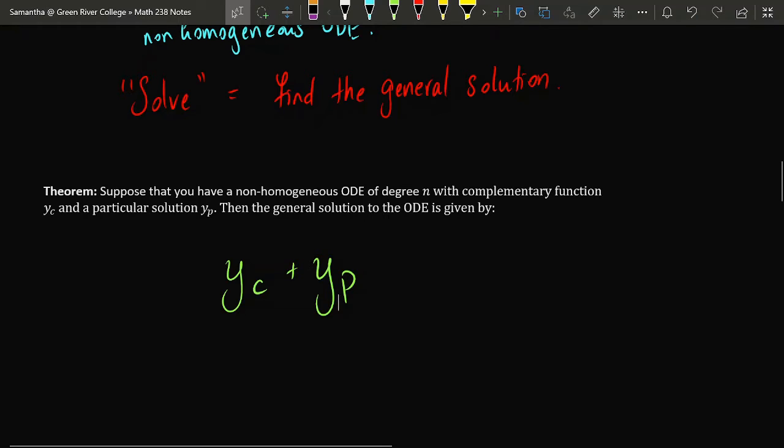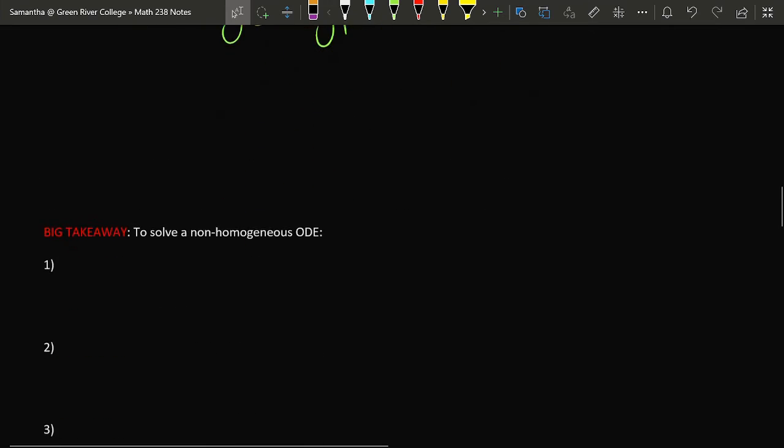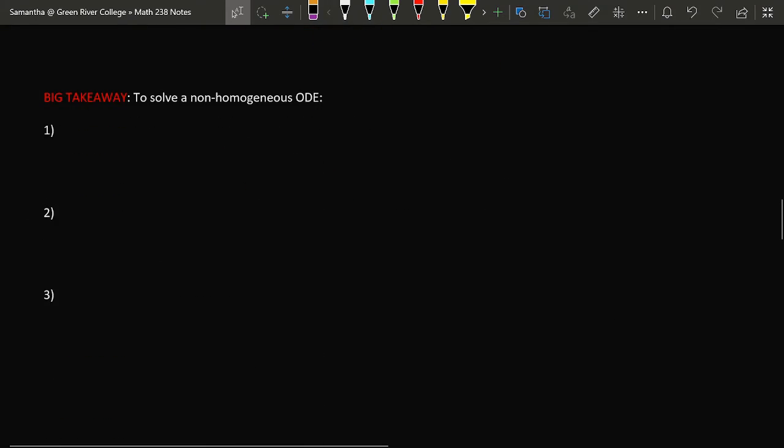So here is the big takeaway of this theorem. If you want to solve a non-homogeneous differential equation, you can do it in 3 steps. Step number 1 is to solve the complementary equation.